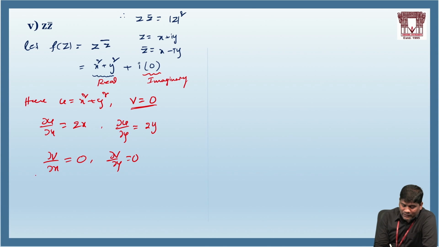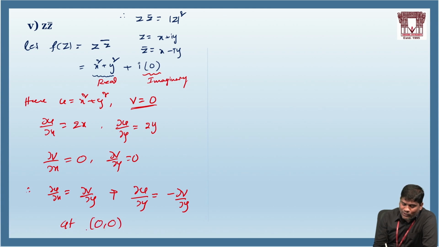Now first I am writing the CR equations. Therefore ∂u/∂x is equal to ∂v/∂y, and ∂u/∂y is equal to minus ∂v/∂x only at the origin (0, 0). That means the function z into z bar is differentiable at the origin, but not differentiable at the surrounding points of the origin.